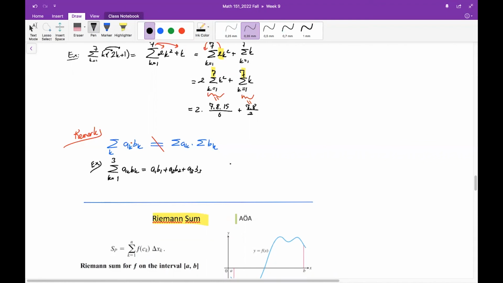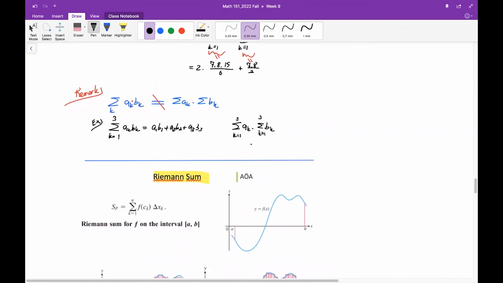And let's look, on the other hand, at this form, where k runs from 1 to 3 in each factor. Okay, then the right-hand side is, what is this?